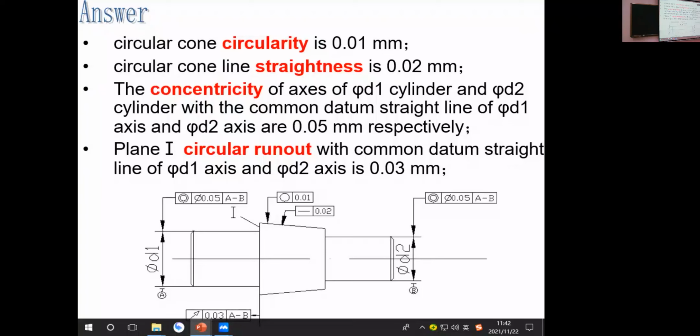The median plane, in this line, the median plane. The dimension.